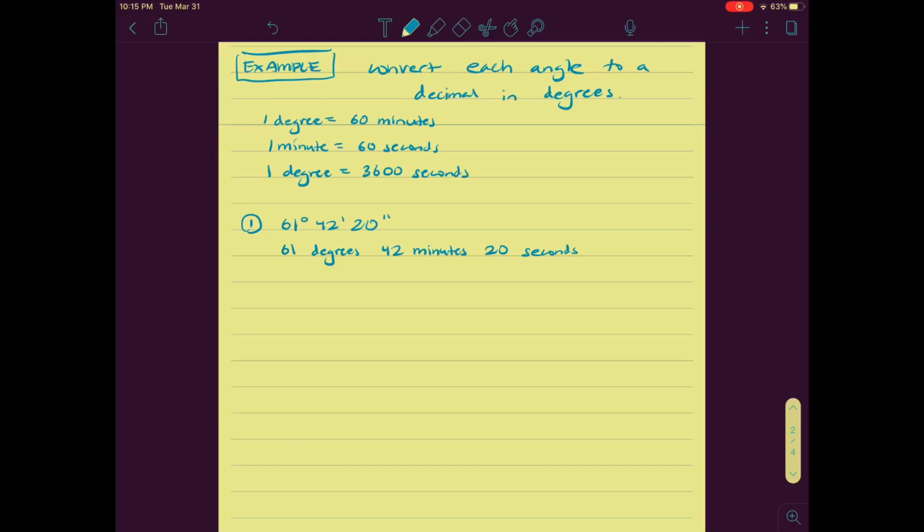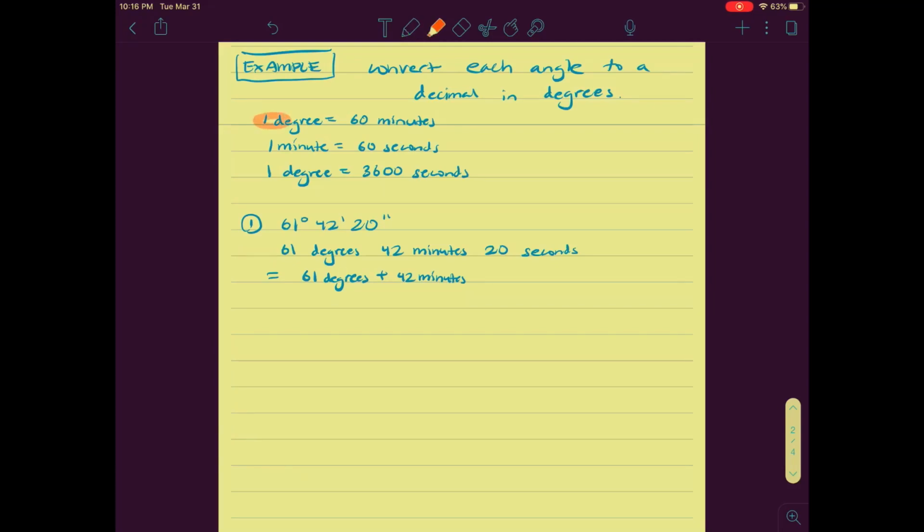What we're going to do here is, 61 degrees is already in degree form. The 42 minutes and the 20 seconds need to be converted into degrees, okay? So 61 degrees, I don't have to do anything with that, but I'm going to add that to 42 minutes. When I have 42 minutes, the question is how many degrees is that?